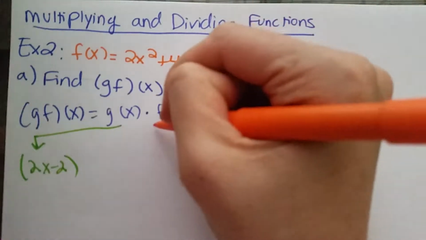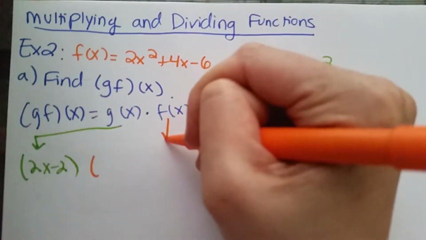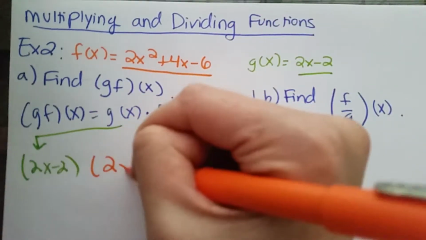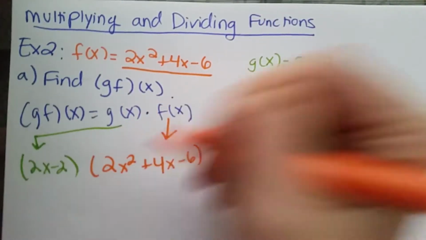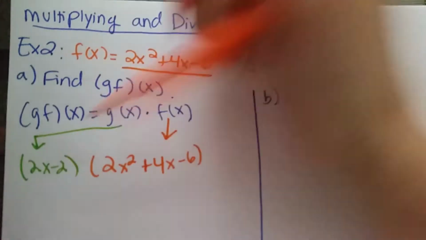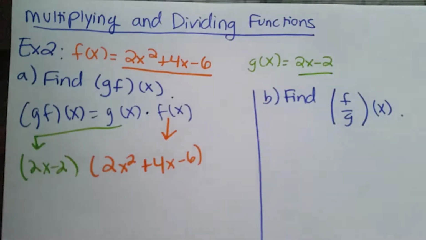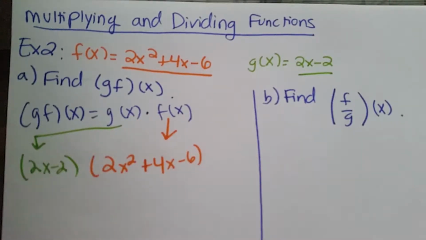I'm also going to rewrite f of x in parentheses right beside g of x, which is our 2x squared plus 4x minus 6. I do not have to put the dot in between our two parentheses. Two parentheses side by side mean multiplication, so you can leave the dot off.